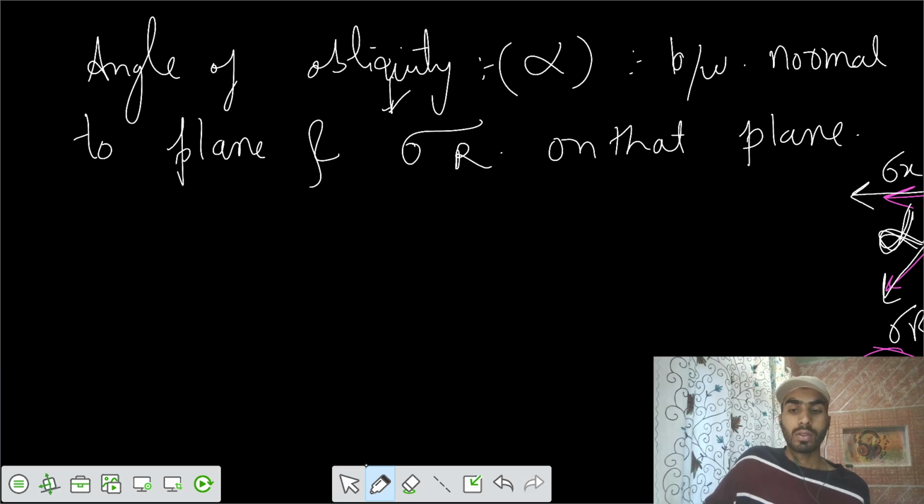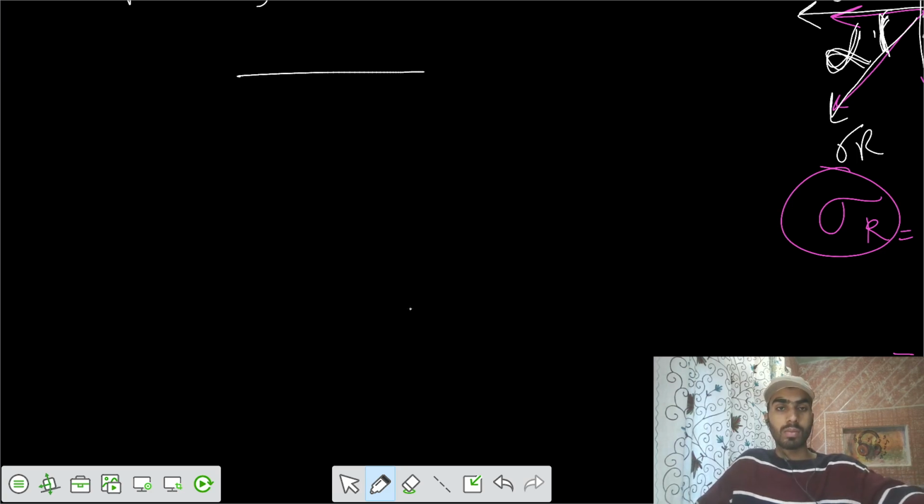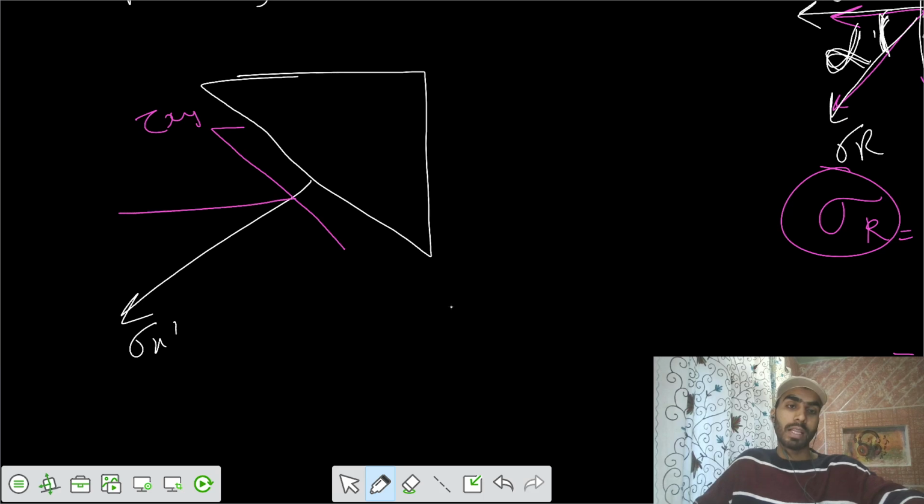So we got tau xy upwards, and the resultant would be somewhere in this direction, sigma resultant.